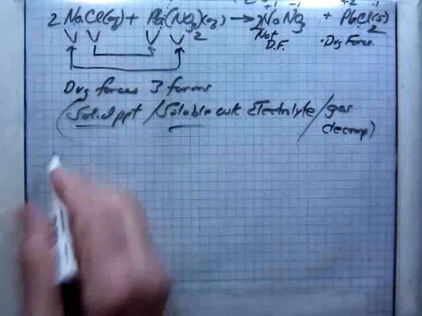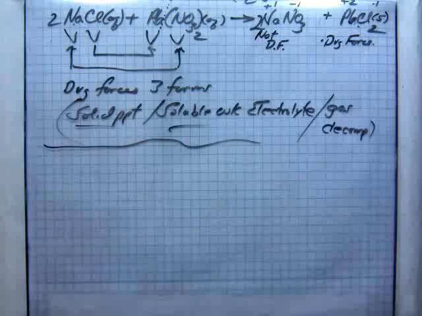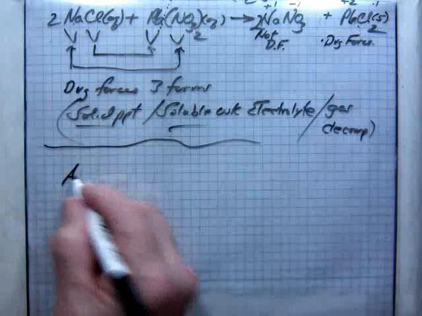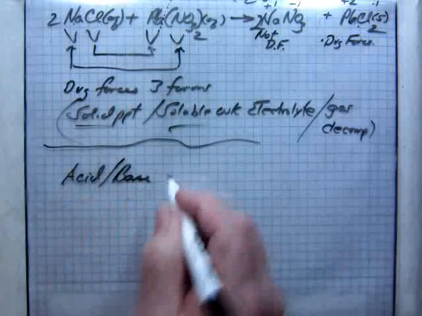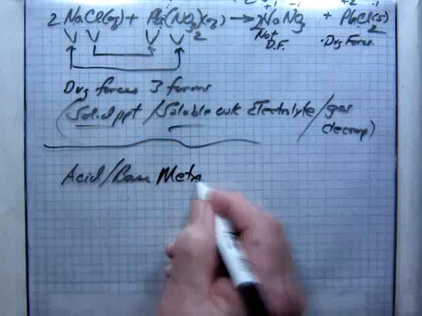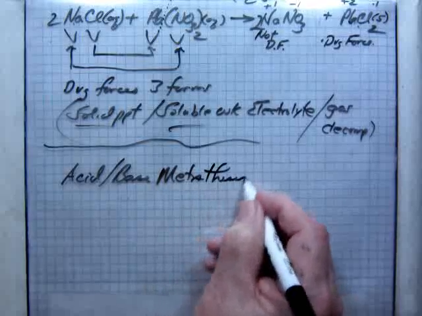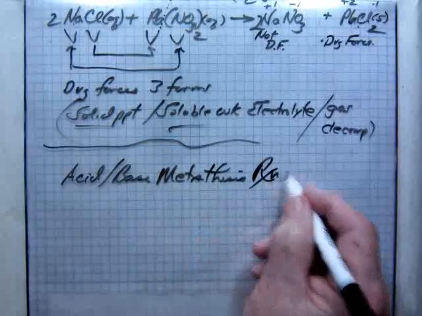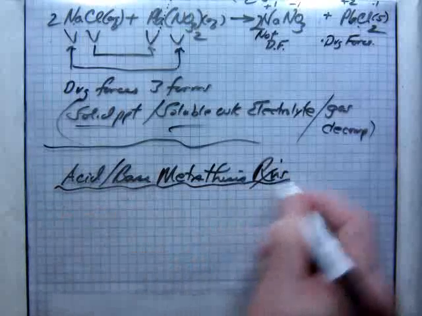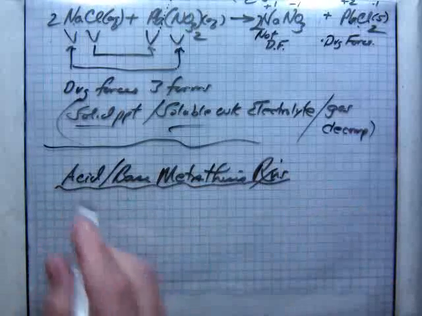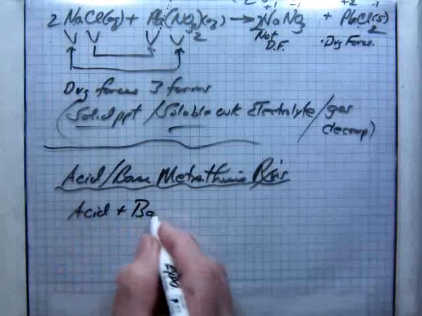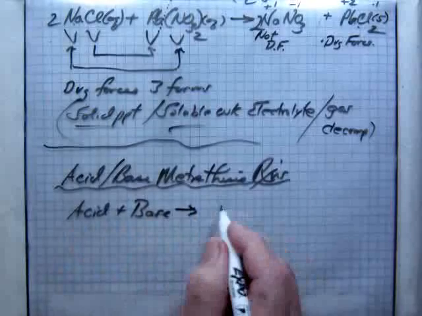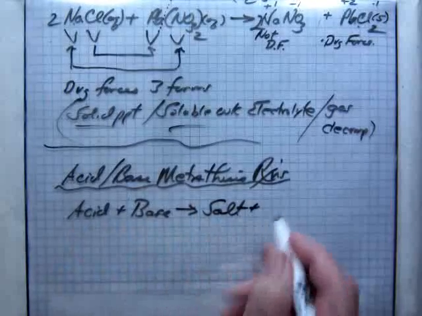The ones that we'll be using quite frequently, especially when we get to acid-base equilibrium, is acid-base metathesis reactions. In general, an acid plus a base gives a salt plus a weak electrolyte.